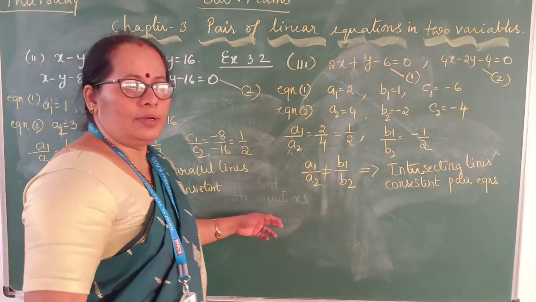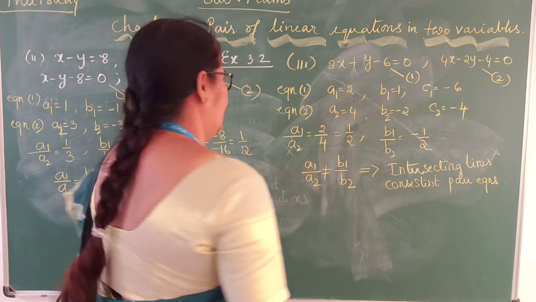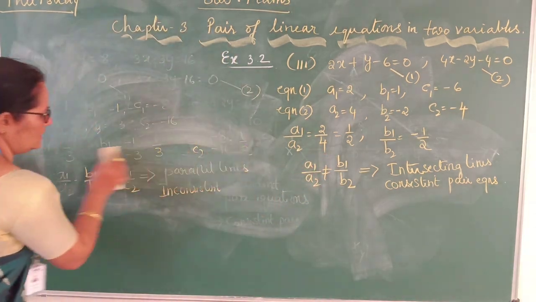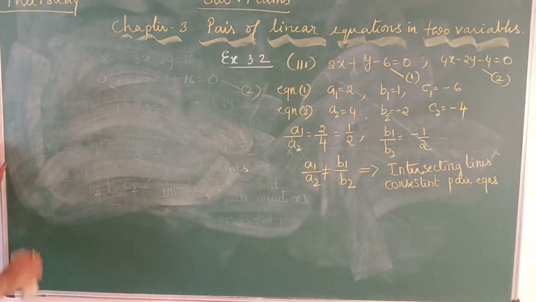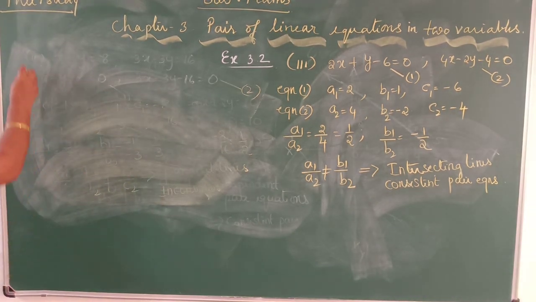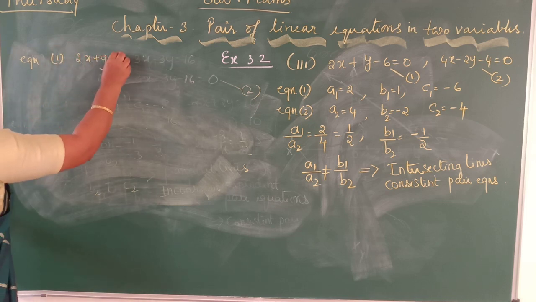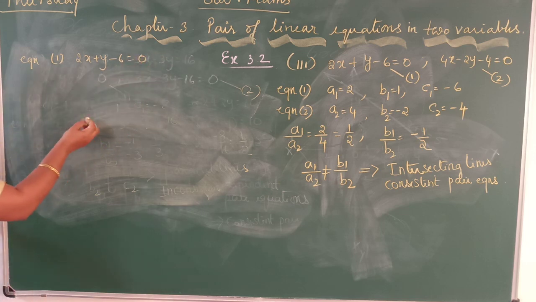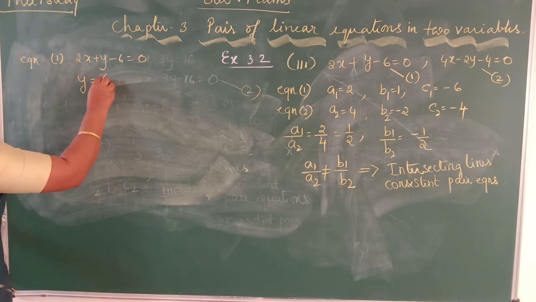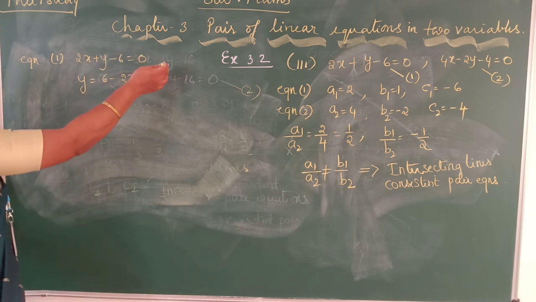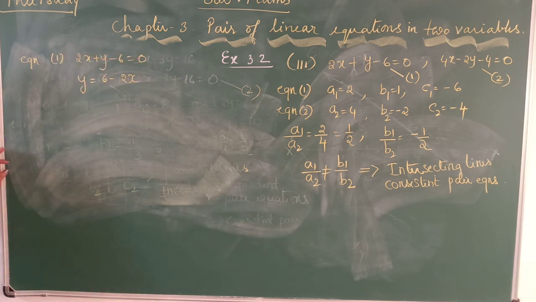Now you have to represent this graphically. So at first we have to find the coordinates for this. Equation 1: 2x plus y minus 6 equals 0. So y is equal to 6 minus 2x. Take minus 6 and 2x to the right side.